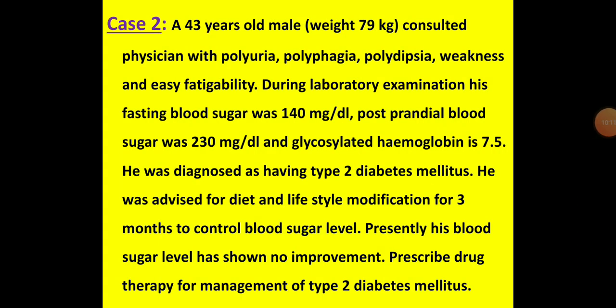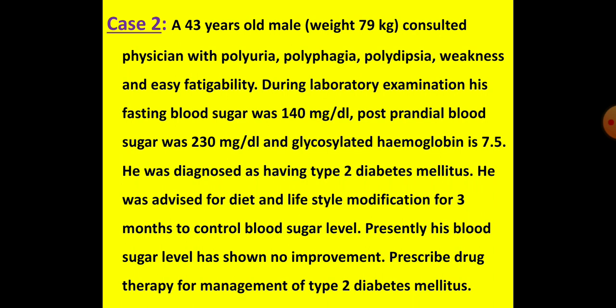Now the case 2. A 43 years old male patient, weight 79 kg, consulted a physician with complaints of polyuria, polyphagia, polydipsia, weakness and easy fatigability. During laboratory examination, his fasting blood sugar was 140 mg per deciliter and postprandial blood sugar was 230 mg per deciliter and the glycosylated hemoglobin level was 7.5.